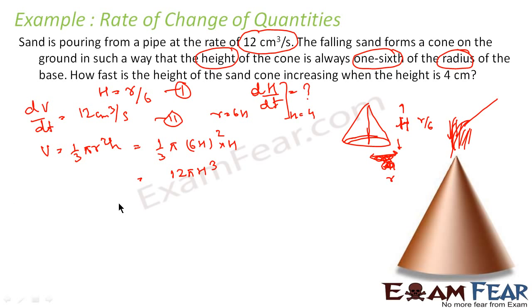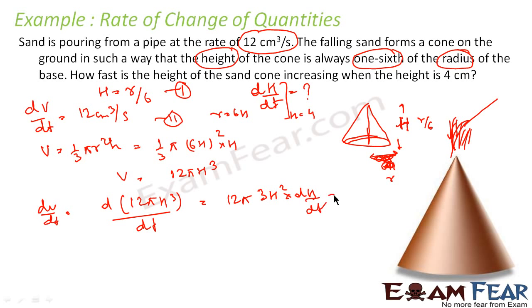Now this is nothing but V. So what is dV by dt? dV by dt is d of 12 pi h cube by dt, which is 12 pi into 3h square into dh by dt, and this value is given as 12. I know the value of h also, because we are talking about dh by dt when h is 4.